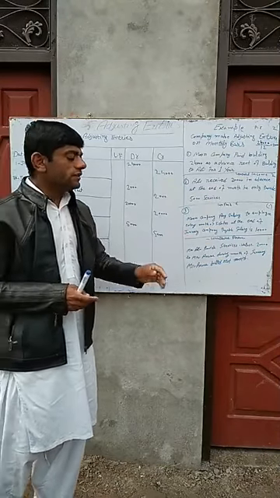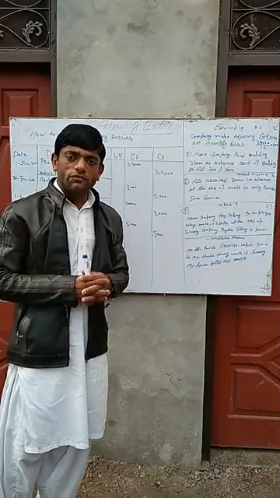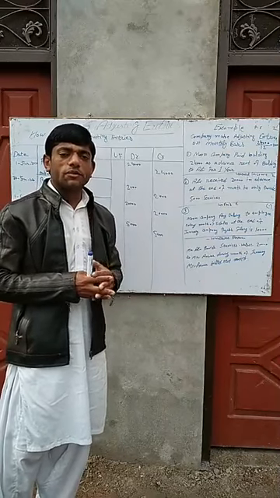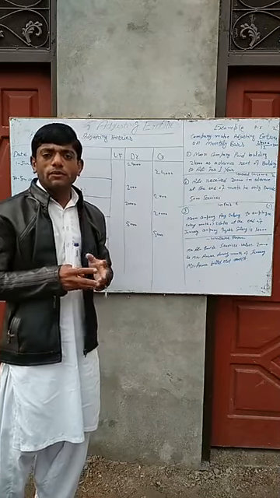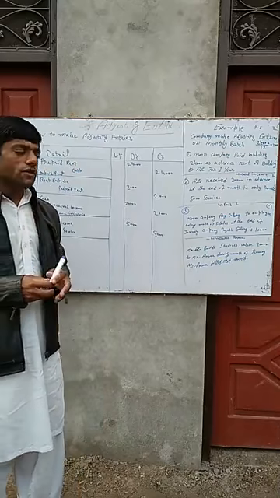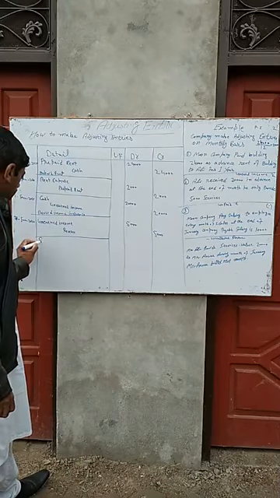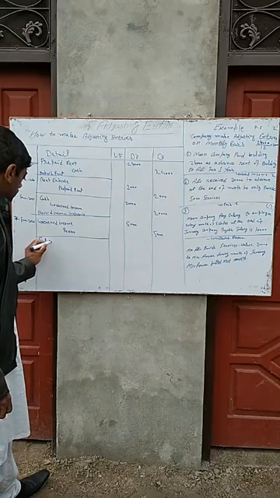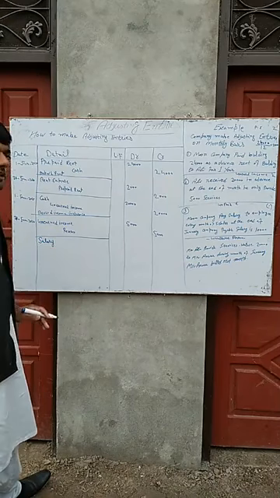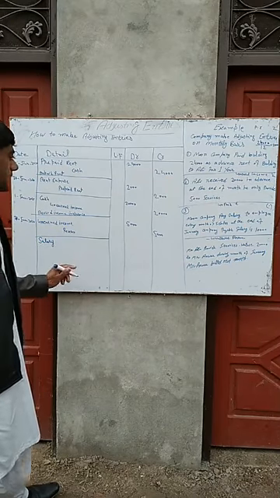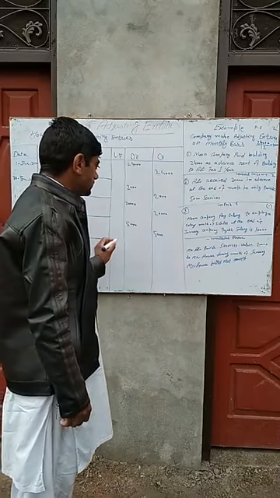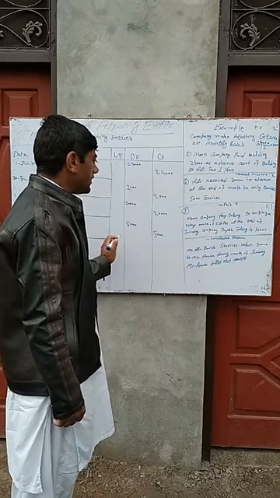So the adjusting entry is made at the end of the month. The salary is not paid, so salary is payable. Payable expenses are our liability. So make the adjusting entry of this. Salary debit. Salary is our expense.